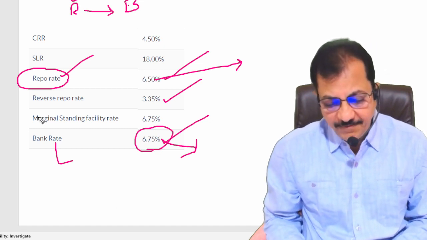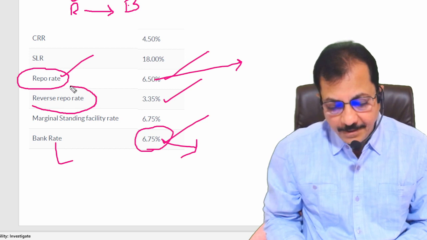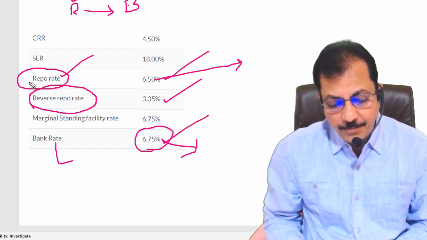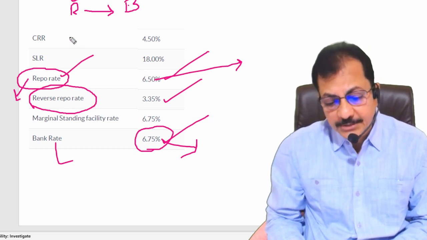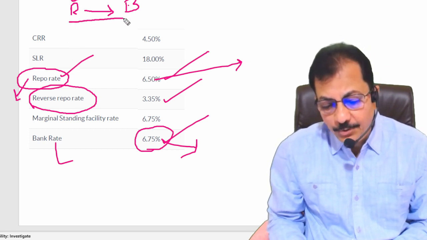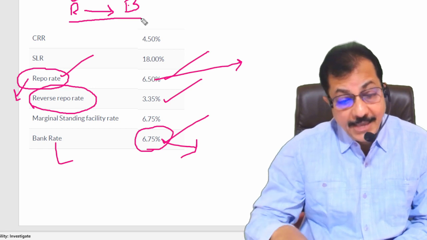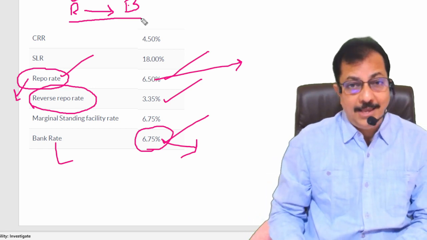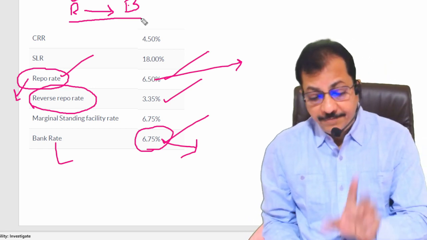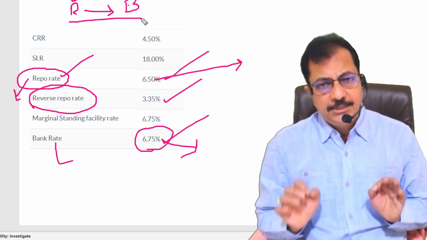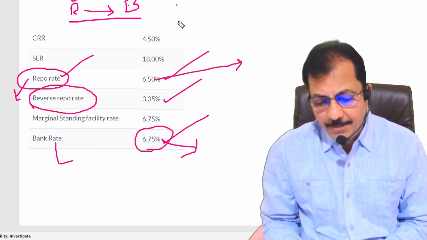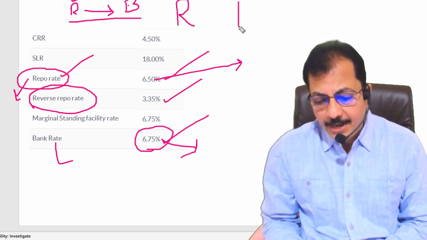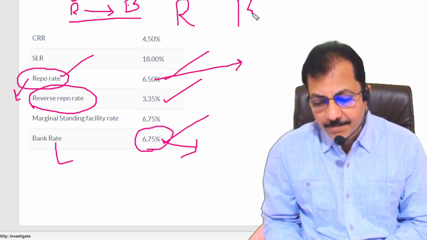When you say reverse repo rate, this is just the opposite of repo rate. In the repo rate, RBI is giving a loan to the bank, and the bank is paying interest to RBI, and for that RBI is charging 6.50% interest. Sometimes RBI needs money, and it will take money from the bank.